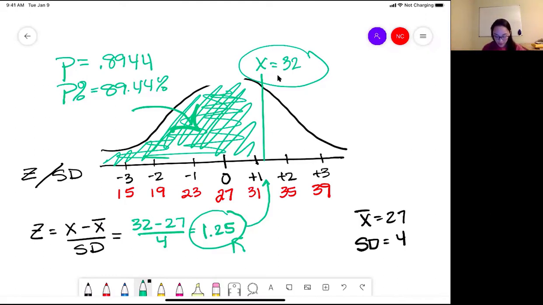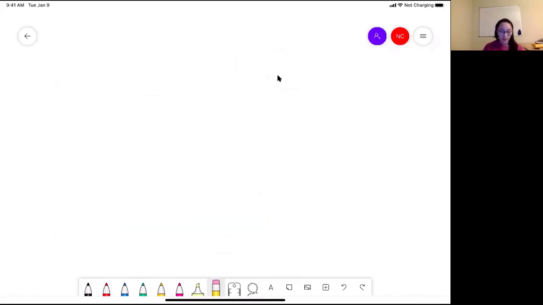Okay, so I'm going to erase this really quick. And this is why I want to make this distinction. So if we're looking at an exact percentile, usually I want whatever the percentile is in terms of the sample that you have.